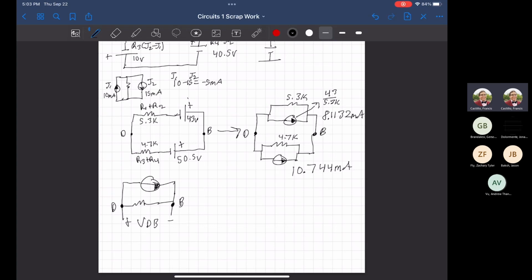Now, what about this resistor value? Same thing. We can see that the resistors are in parallel with each other. So I'll actually show you real quick. For that, 4.3 plus 1.4.7. Your units, again, just be wary of them.